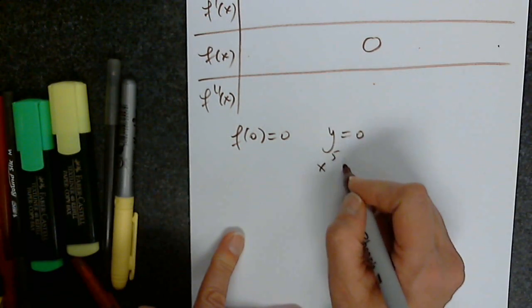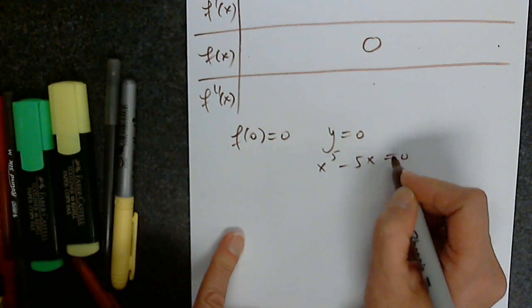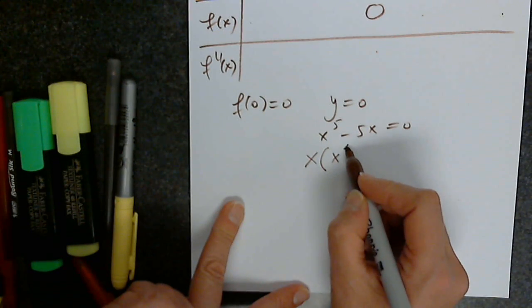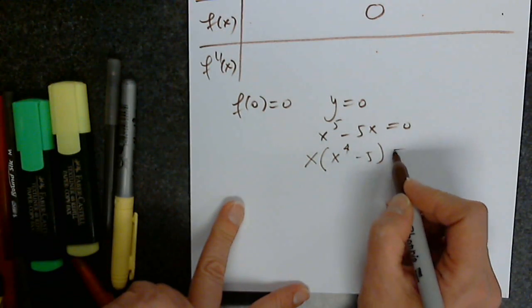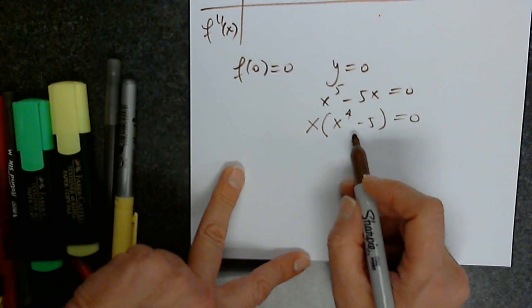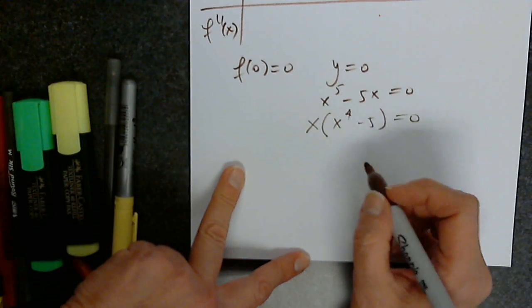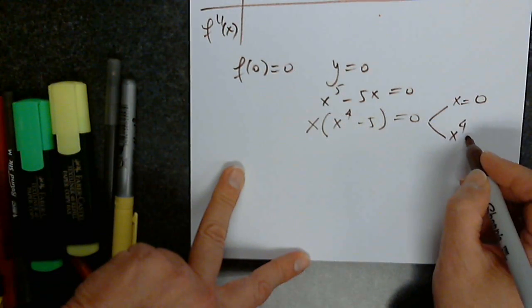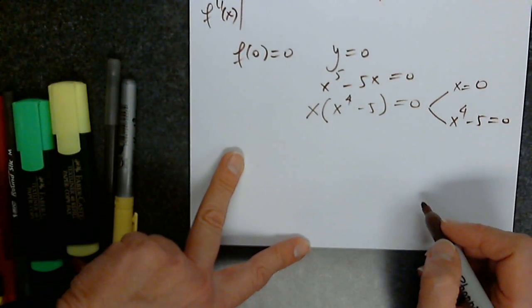Now the function could be 0 in other ways. So I have x to the 5th minus 5x equals 0. I factor out x, and I get x to the 4th minus 5, which I have to solve, right? So there are two options here for now, x equals 0 and x to the 4th minus 5 equals 0.